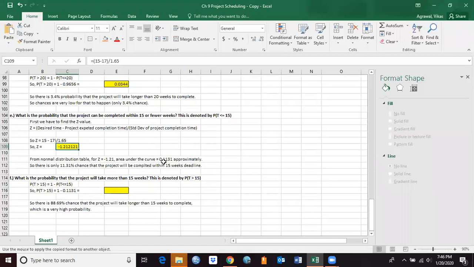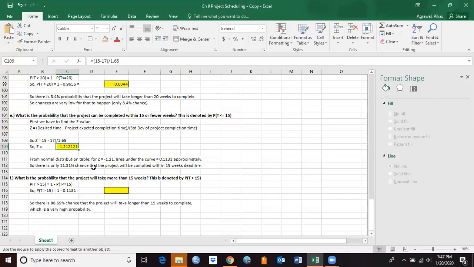It's equal to 0.1131, which equals 11.31%. So we can say there is an 11.3% chance that the project will be completed within 15 weeks. As you see, it's lower than 17 weeks. 17 weeks was 50%, 15 weeks is going to be 11%, 20 weeks is going to be 96%. So that's something you have to keep in mind.